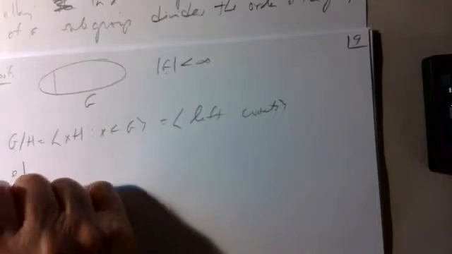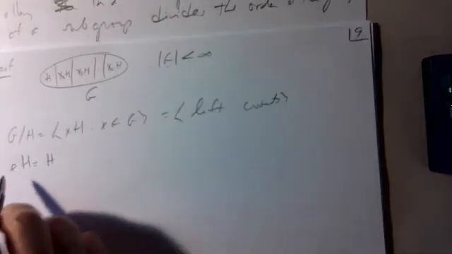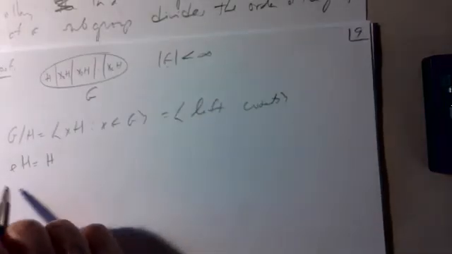One of them, of course, I can take x to be the identity, e times H is just H. So I have H, and let's say x2 times H, x3 times H, xk times H. G mod H is certainly finite. It's a finite set of left cosets because you have a finite set, you're dividing it up into non-empty pieces, and you can't have infinitely many non-empty subsets in a finite set.